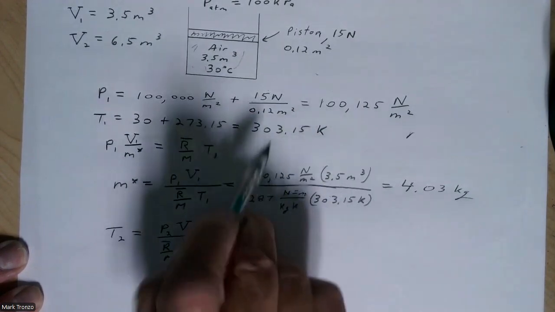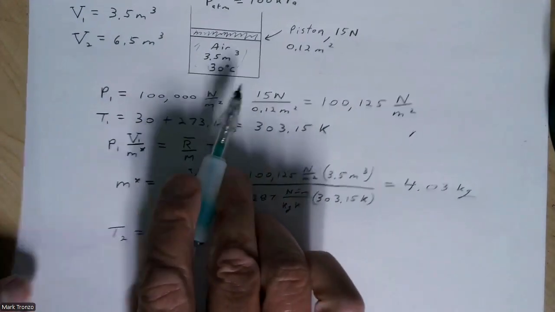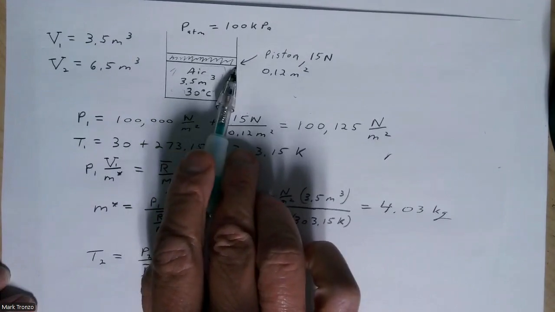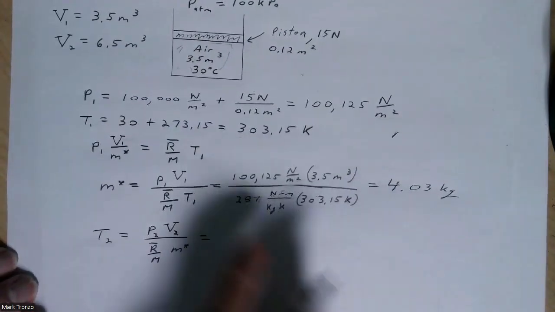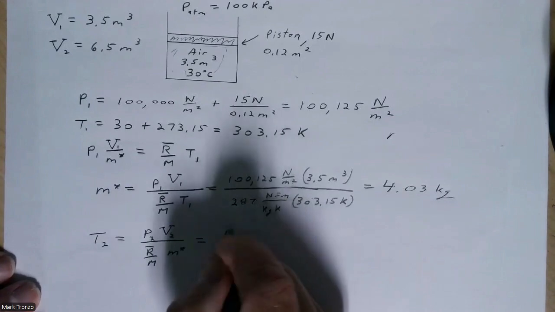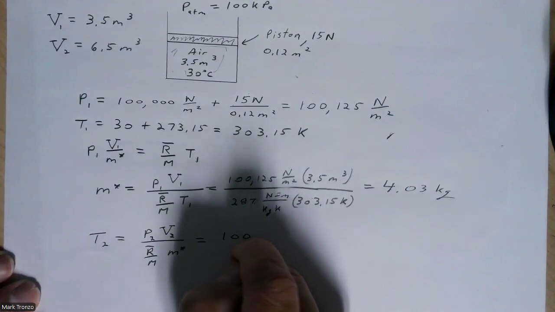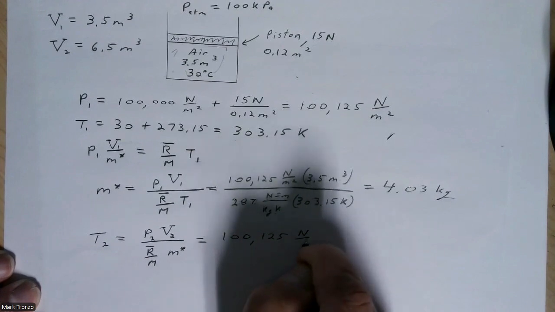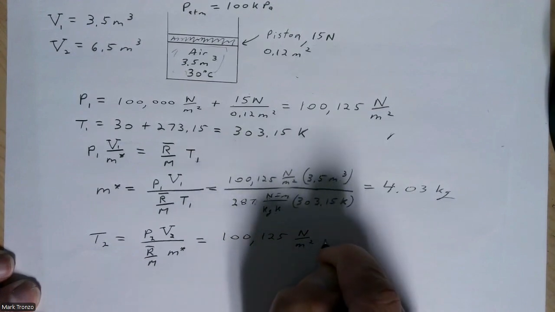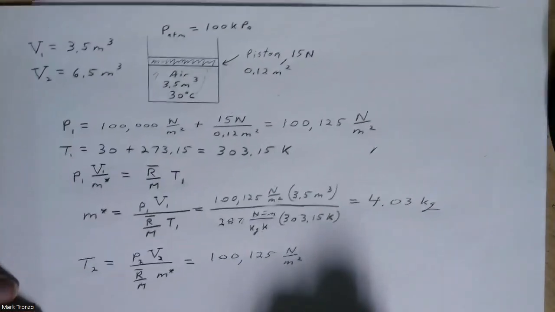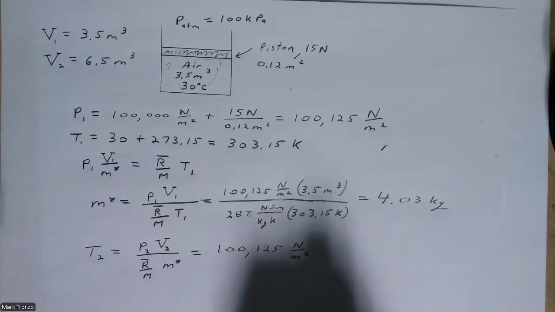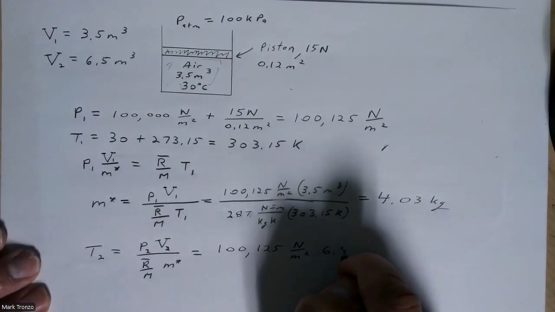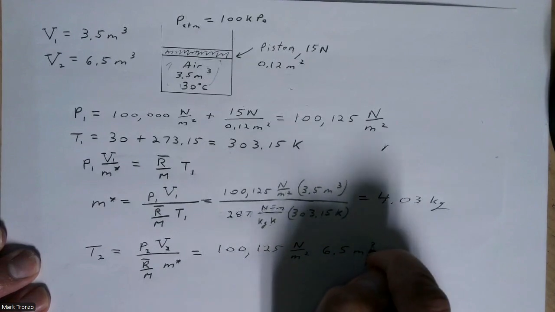And again, our pressure is going to be constant because we have this piston keeping it at a constant pressure, the atmospheric pressure. So we're still going to have this 100,125 Newton per meter squared. And then the volume is going to be 6.5 meters cubed.